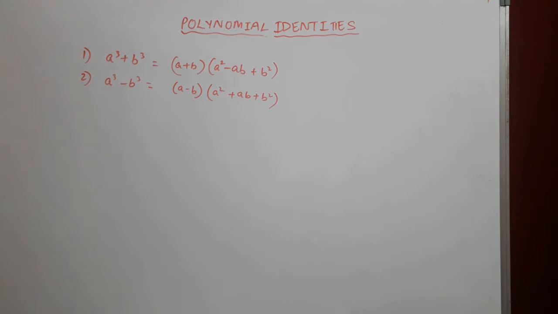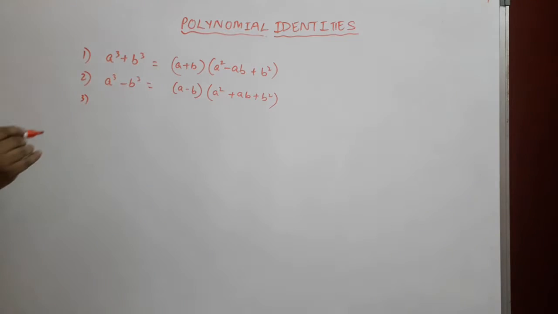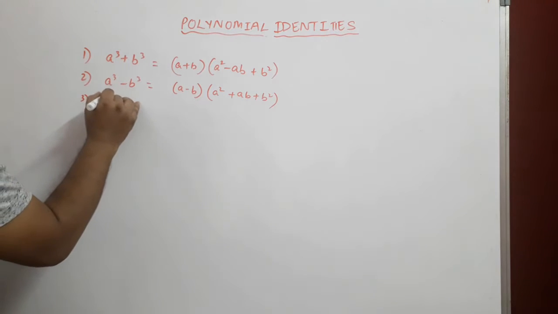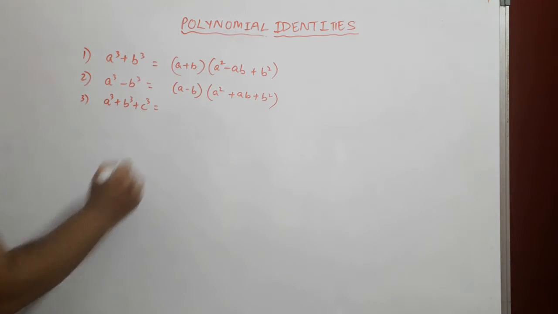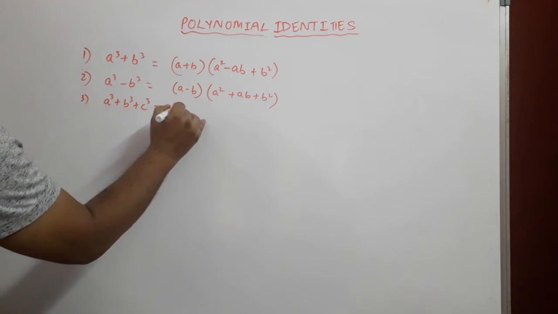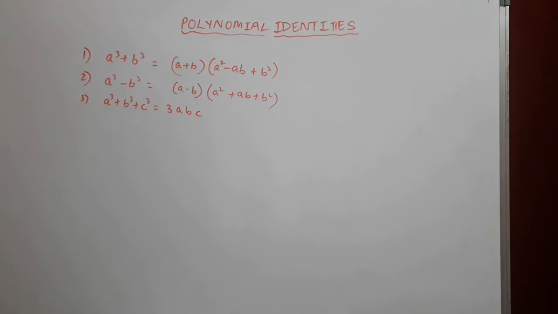And the final one is a cube plus b cube plus c cube minus 3abc equal to a plus b plus c into a square plus b square plus c square minus ab minus bc minus ca. Fine. So we'll see how we get these 3 identities, but these 3 identities are what we should know, and they're also useful in class 10 as well.